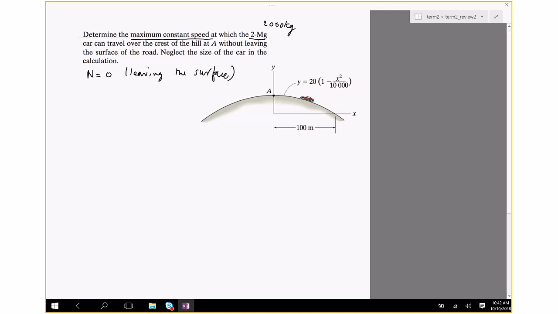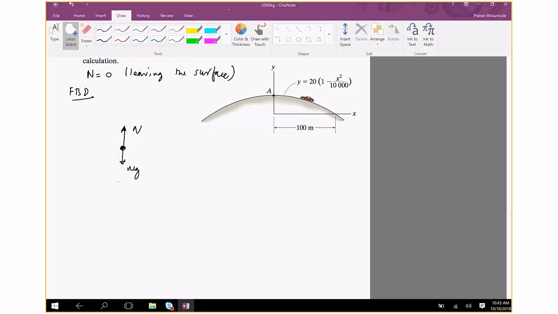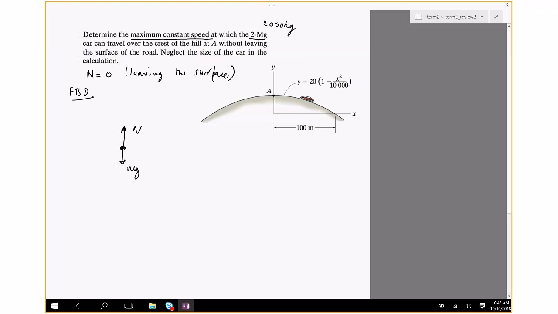Okay, so if you're asked to find a force, you have no other option but to use the equation of motion. So let's draw a free body diagram at A. mg, N. Okay, so if you go to number 4 in the handout, that's when you use the equations of motion.